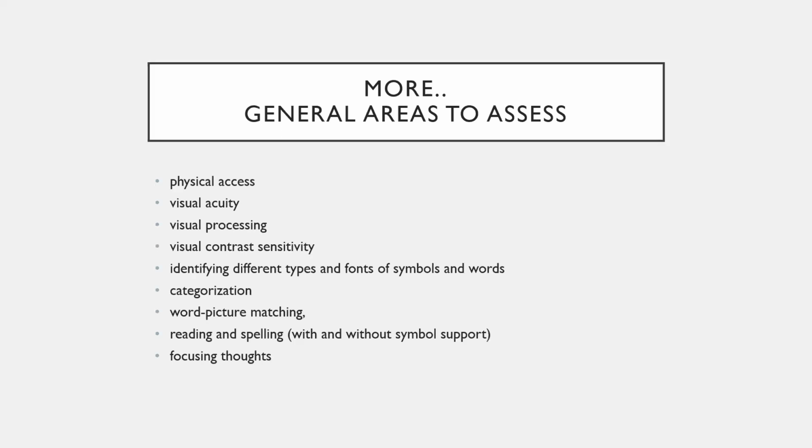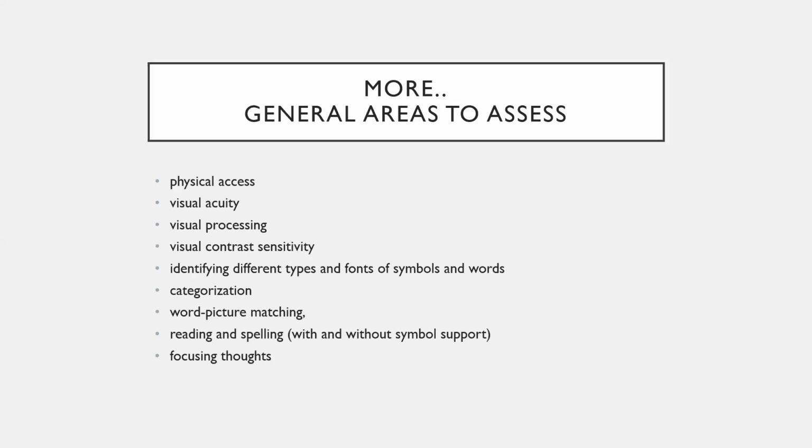So this is certainly an area to assess and to see if there is any sort of neglect or visual field cut. You want to identify different types and fonts of symbols and words and see what somebody does better with. You want to assess if somebody is able to categorize.